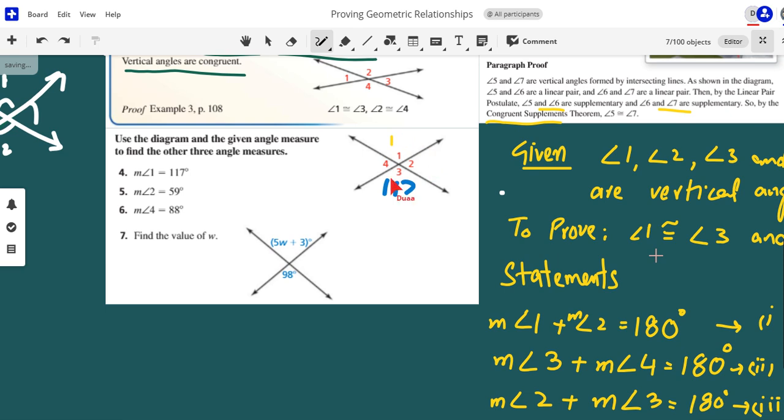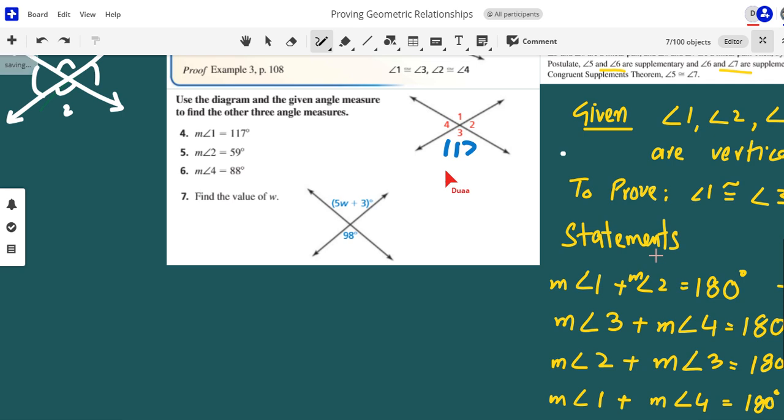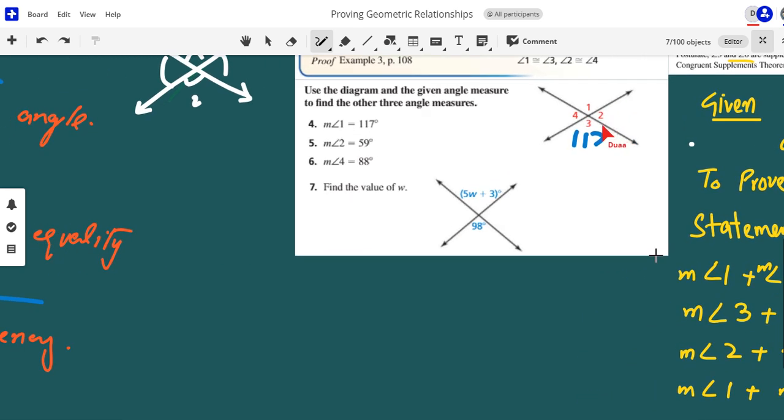Okay, now how do we write it in a proper manner? We have to write it in a proper way too. So measure of angle 1 equals 117, and measure of angle 1 equals measure of angle 3, so they both are equal to 117. And measure of angle 1 plus measure of angle 4 is equal to 180 degrees.